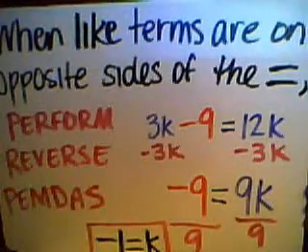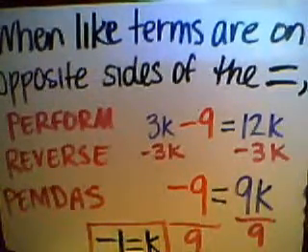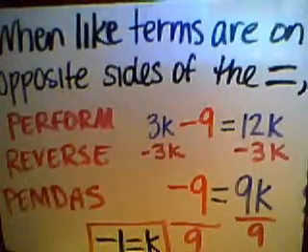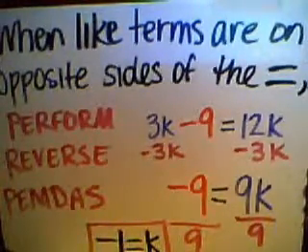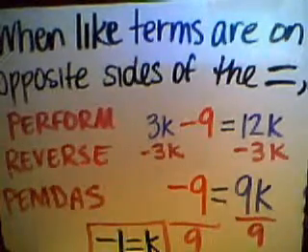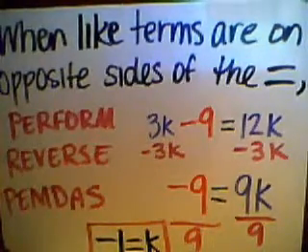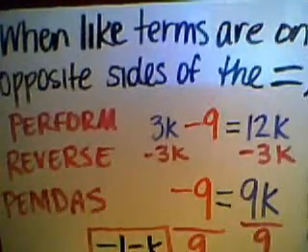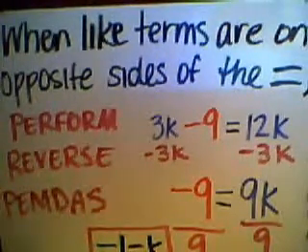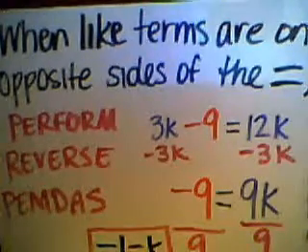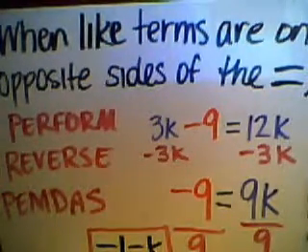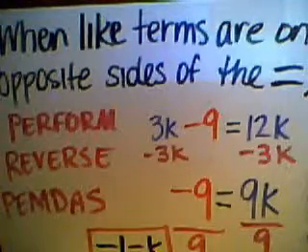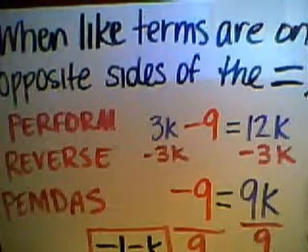So, how do we combine like terms? Well, when terms are on opposite sides of the equal sign, you are going to perform reverse PEMDAS just like we would do with any other terms in solving equations. We have a 3k on one side and a 12k on the other side. We subtract 3k from both sides, because we're trying to get the k by itself on one side of the equal sign.